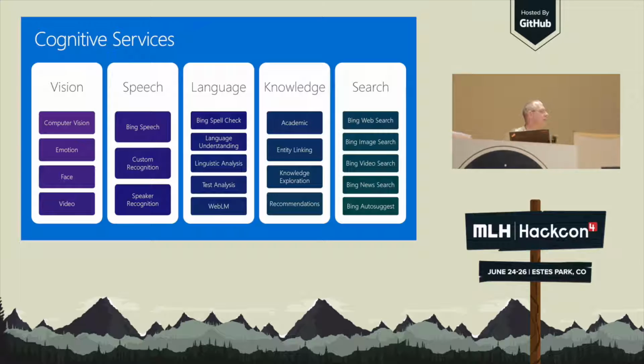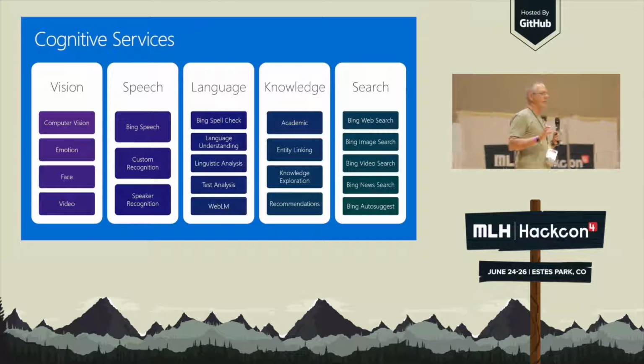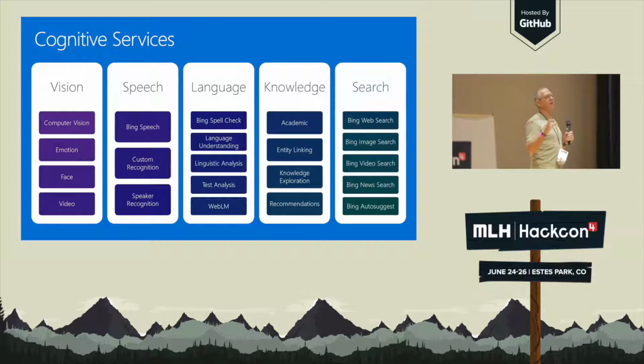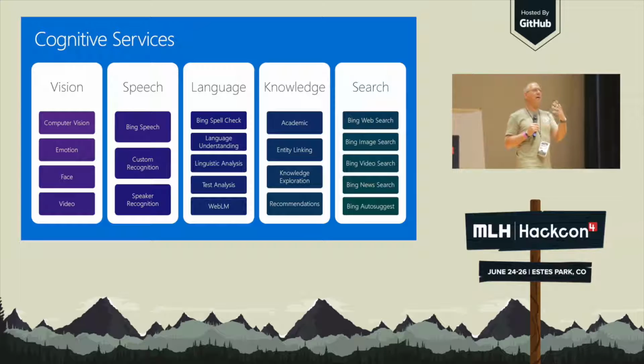So Microsoft has, if you just look for Project Oxford, it's sort of a code name for all of our cognitive services. A cognitive service is basically a hosted application in the cloud that recognizes something about the data you're sending to it.